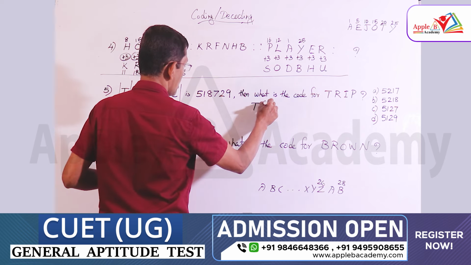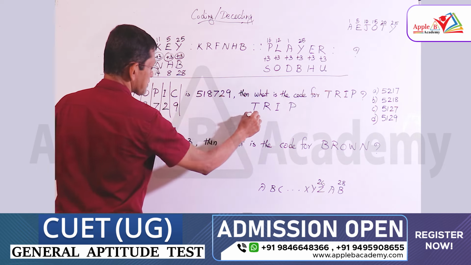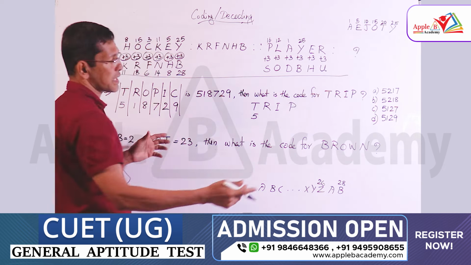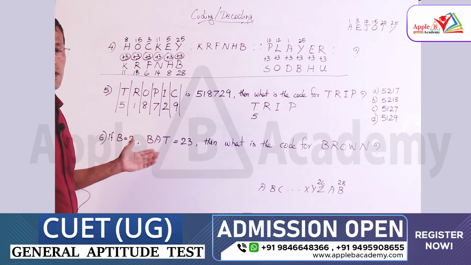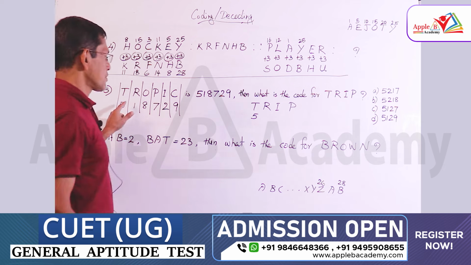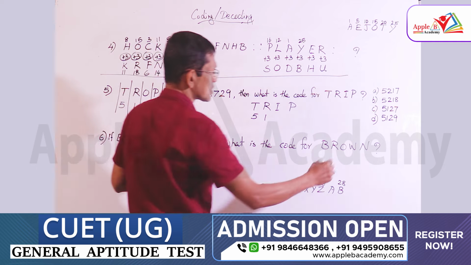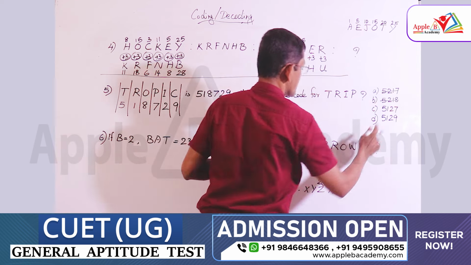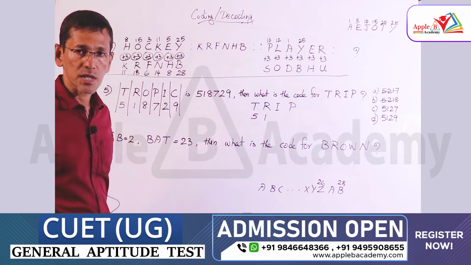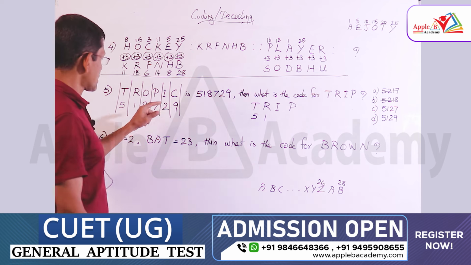Now, what is the code for trip? Simple. TRIP. What is the code for T? T is 5. Now, look at the answer choices. All the answer choices are starting from 5, so we cannot really get an answer using the 5 alone. Now, R is 1. So, 5, 1. Two of the answer choices are not really with 5, 1, so those two are not supposed to be the answer. Then I is what? 2.